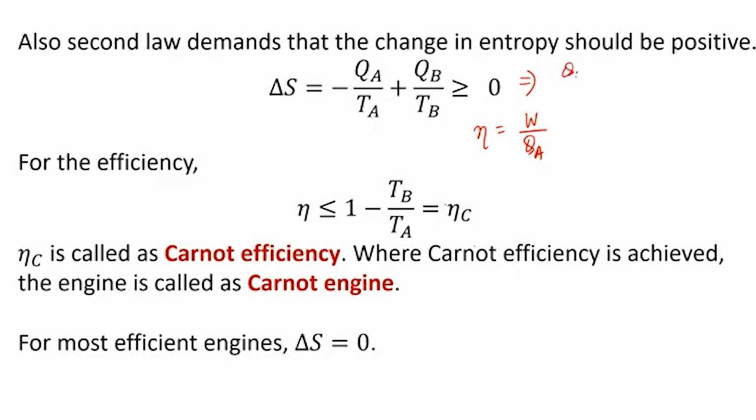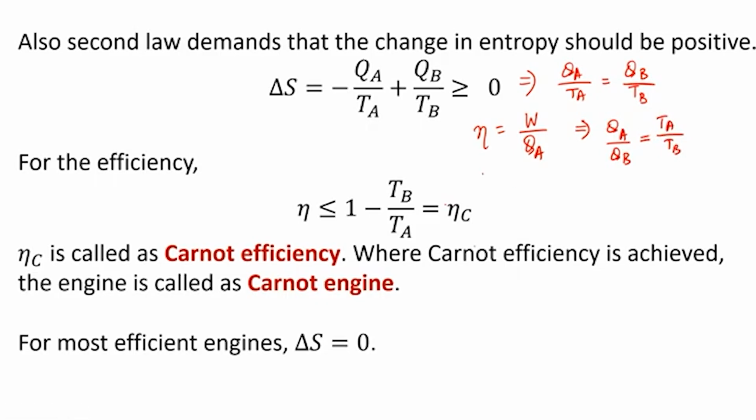So, this is Qa by Ta equal to Qb by Tb. We are taking the equality sign just to have a relationship between them, and so this gives you that Qa by Qb is equal to Ta by Tb. Okay.